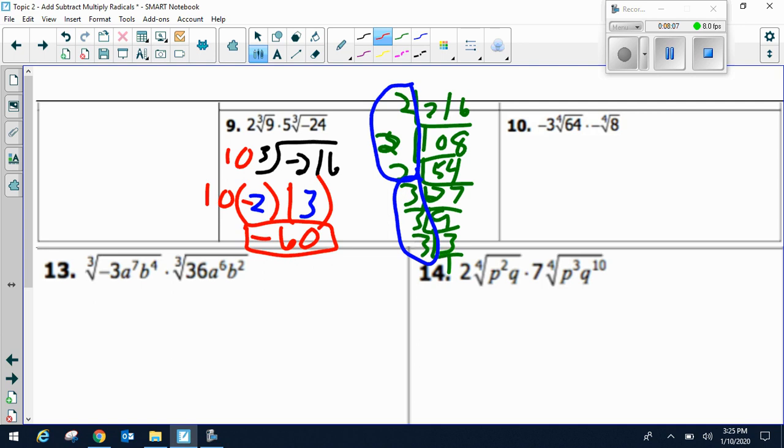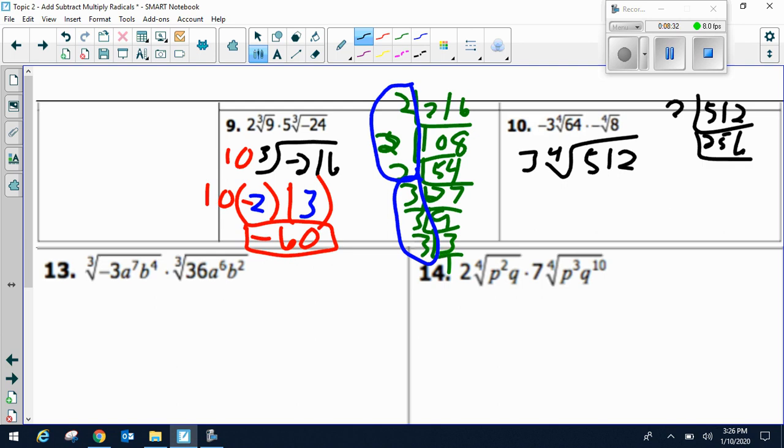Okay, same thing for the next one. Outside gets multiplied to outside, so that gives you 3. Inside gets multiplied to inside, which is 512. So when we break down 512, divided by 2, you get 256.